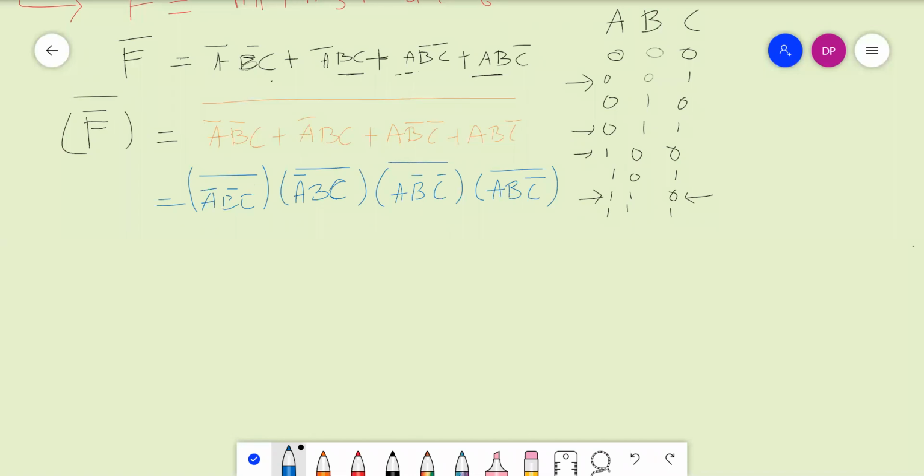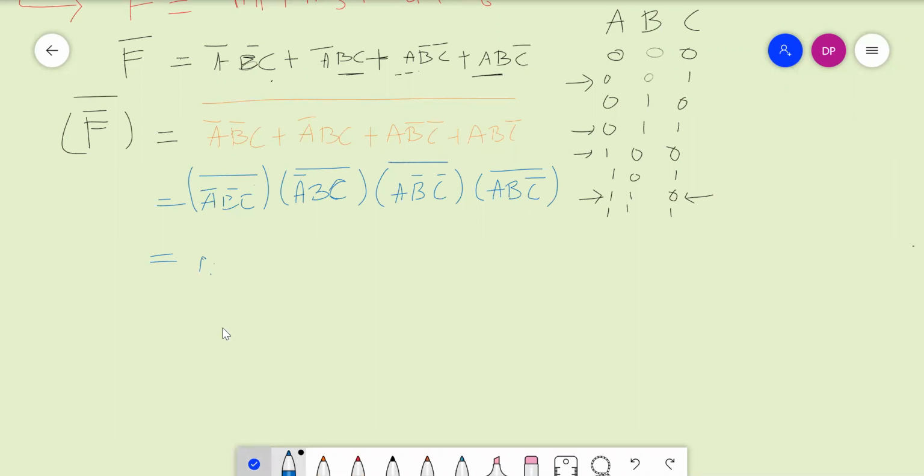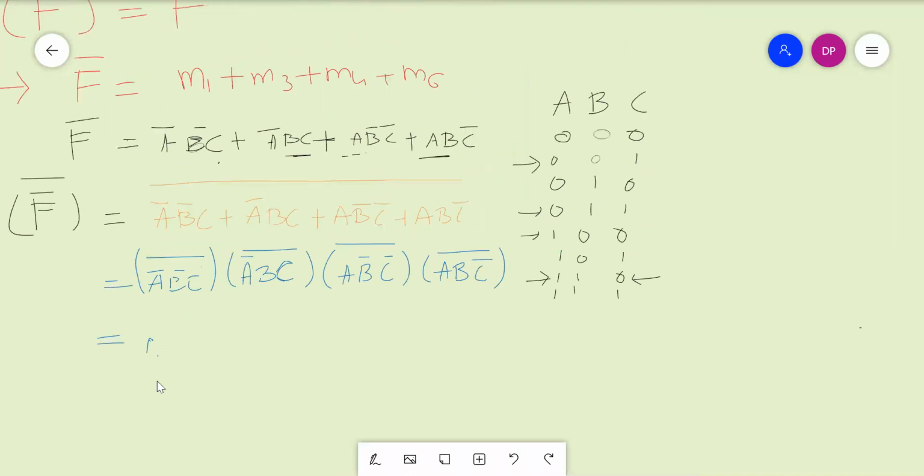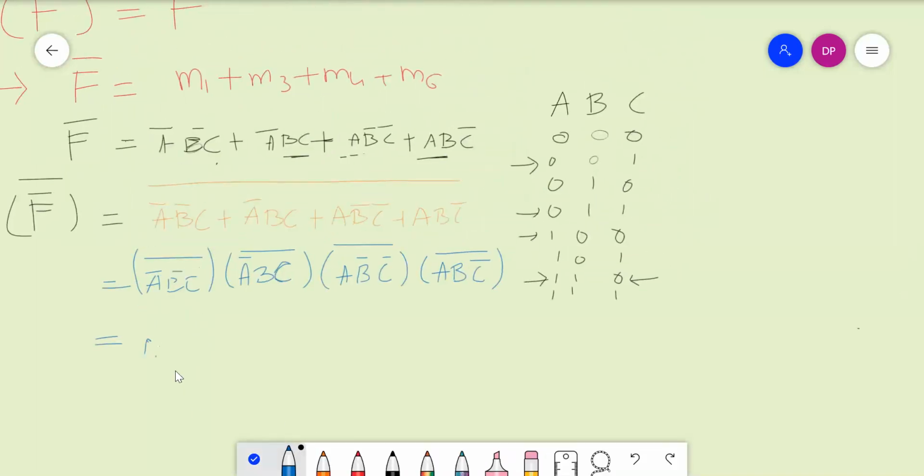Now (A dot B dot C) whole bar. What is the formula? A bar plus B bar plus C bar. So you can write it as A bar whole bar, and so on.